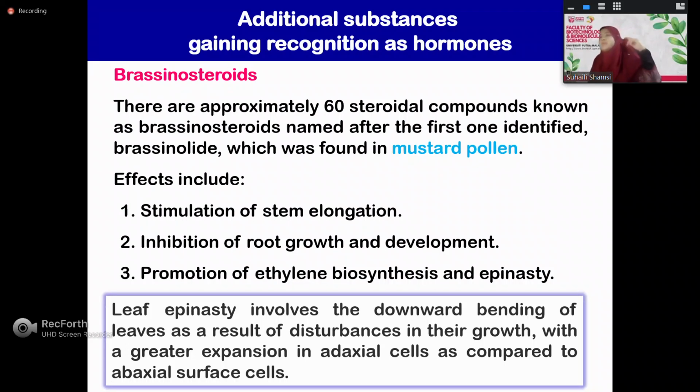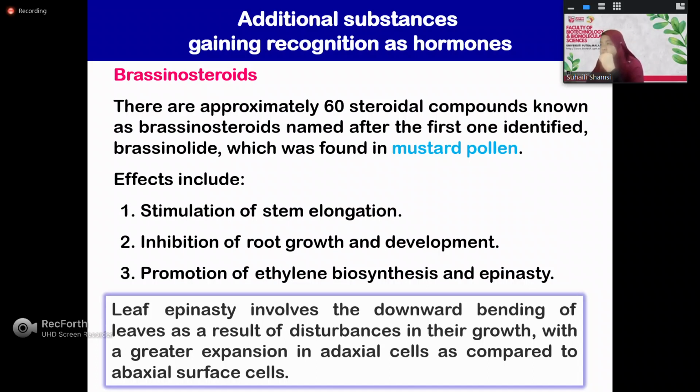So one of them is steroid. From the name of it, we know that it's a steroid hormone. There are approximately 16 steroidal compounds known as brassinosteroid, named after the first one identified, which is known as brassinolide, which was found in mustard pollen. So what does brassinosteroid do?